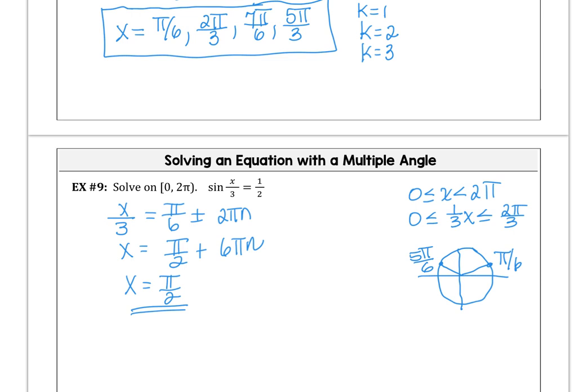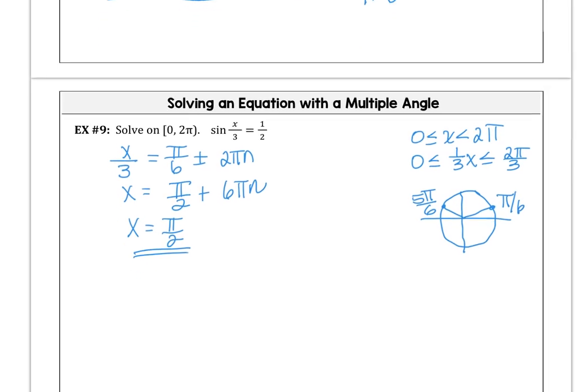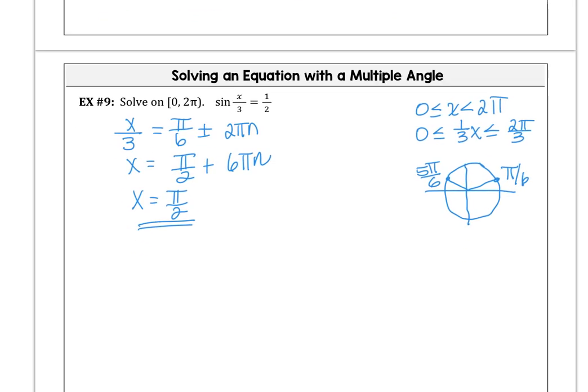And then let's consider this angle at 5 pi over 6. So if x over 3 is positive a half at 5 pi over 6, and it goes every 2 pi n or 2 pi k, then multiplying by 3, x is 5 pi over 2 plus 6 pi.